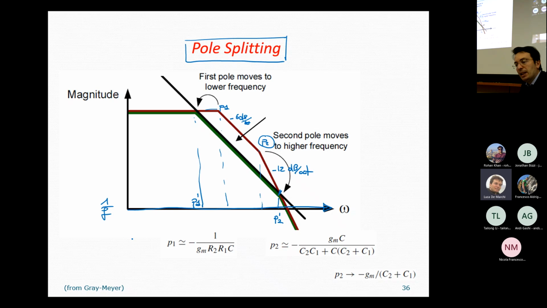So the phase margin will be 180 degrees minus the arctangent of the angular frequency associated to the 0 dB value divided by the modulus of P1, minus the arctangent of omega null divided by the modulus of P2, minus the arctangent of omega null divided by the zero. Okay?